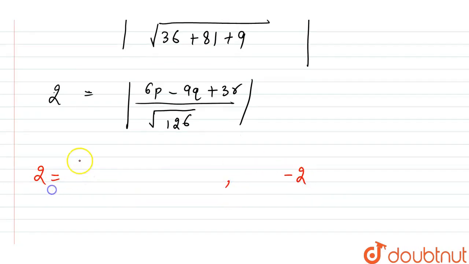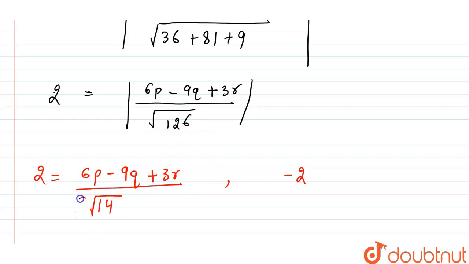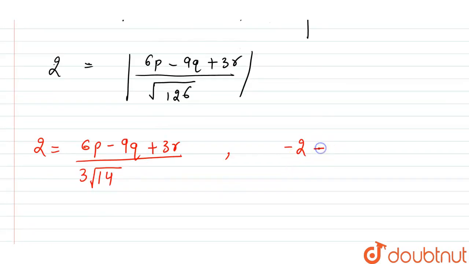When it is plus 2, this is 6p minus 9q plus 3r over under root 126, which can be written as 3 under root 14. And similarly for the other case, it is 6p minus 9q plus 3r divided by 3 under root 14. So let us solve these two cases simultaneously.